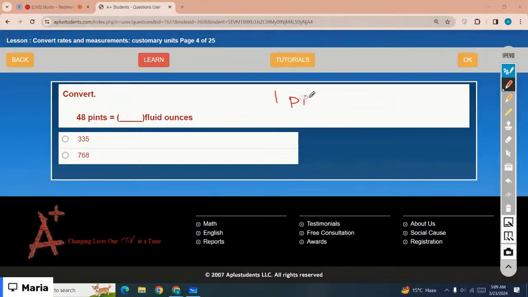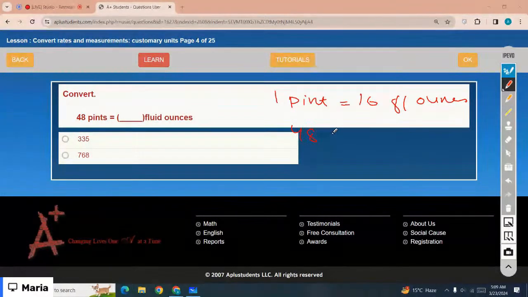So you are given 48 pints. You have to do 48 times 16, right? So 6 times 8 is 48. That is 768 fluid ounces. Got it? The correct option is 768 fluid ounces. Option number 2 is the correct option, right?